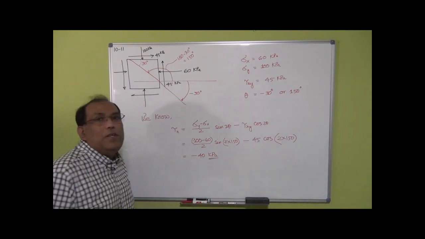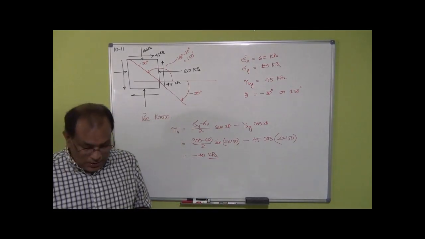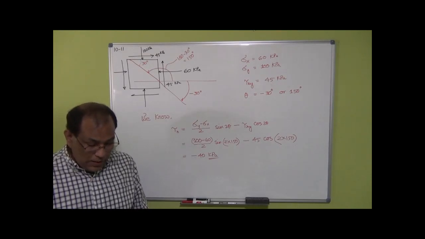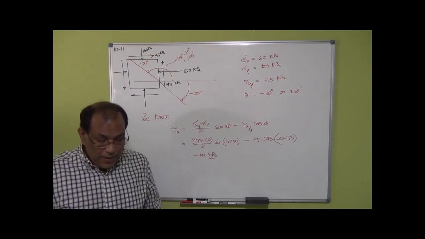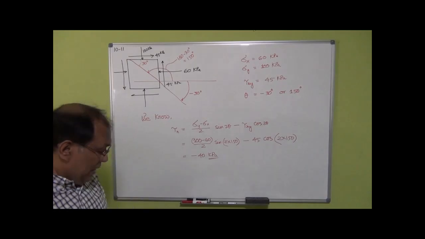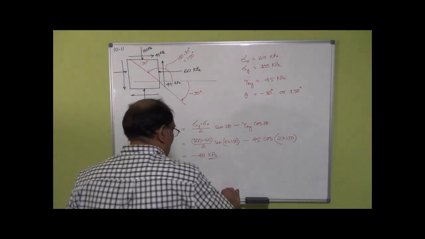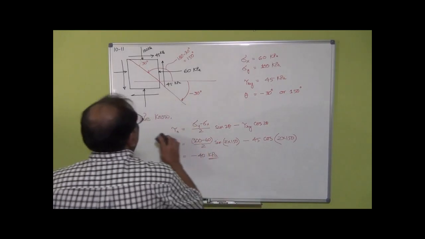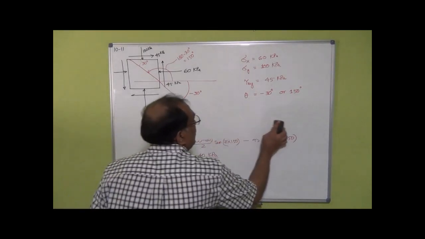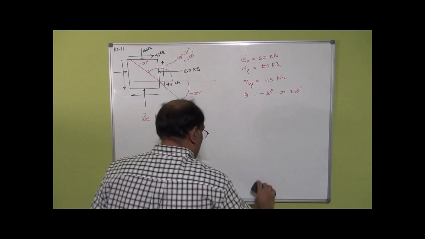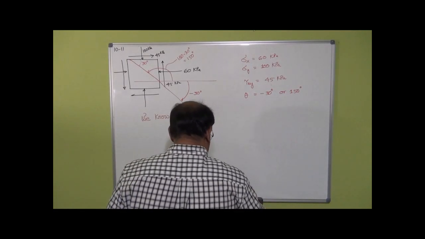Actually, most of you did this problem correctly, so I hope you already know how to solve it. Then number 11 is asking, what is the minor principal stress? We have major principal stress and minor principal stress.